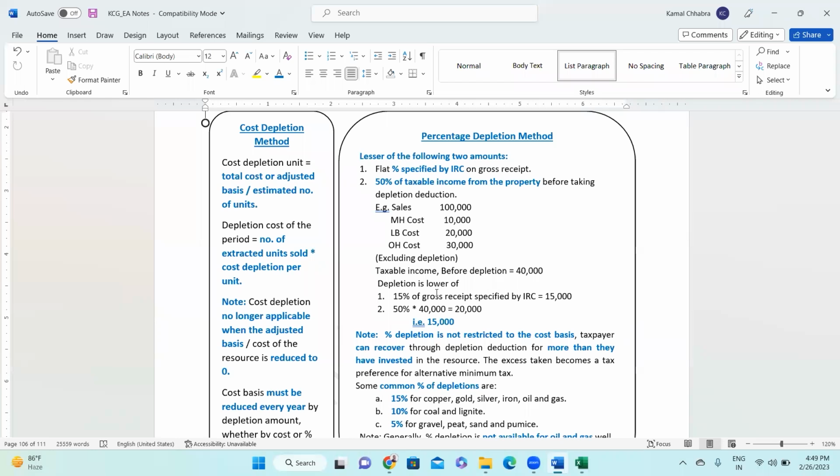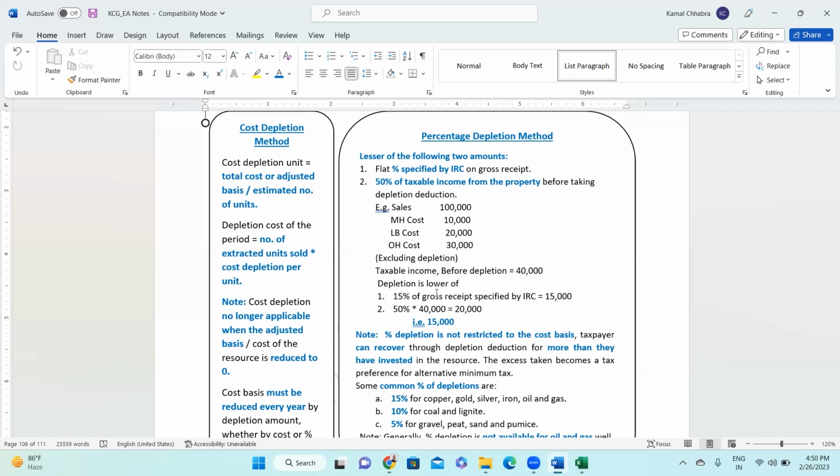Different kinds of minerals or products are categorized at different rates by the IRC itself. Or 50% of the taxable income from the property before taking depletion deduction. Make sense? Are you getting this point? Yes, sir. So let's look at the example.